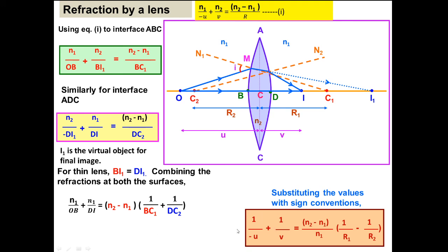If we now use the sign convention, OB is the object distance, so 1 by minus U plus 1 by V equal to N2 minus N1 by N1. From this part, N1 can be taken as common and transferred to this side, into 1 by R1 minus 1 by R2. See, the R2 is here at C2, so this distance is negative.